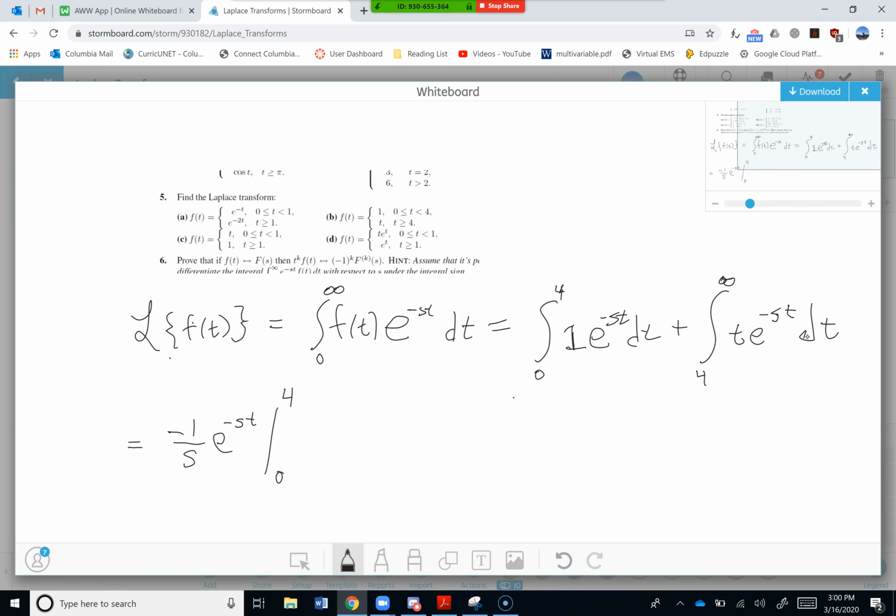And what are the bounds on that? S cannot equal 0? So that's the domain restriction, right? This thing converges as long as s is not 0. But the bounds, the 0 and the 4, are those about s's or are they about t's? They're about t's. Good.